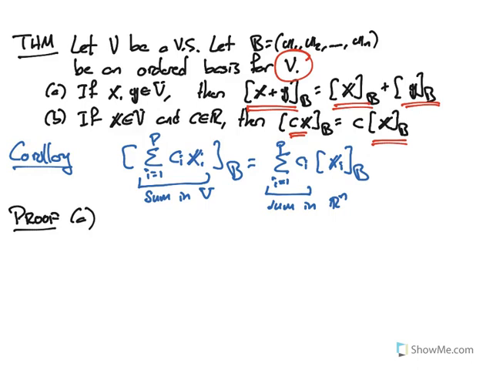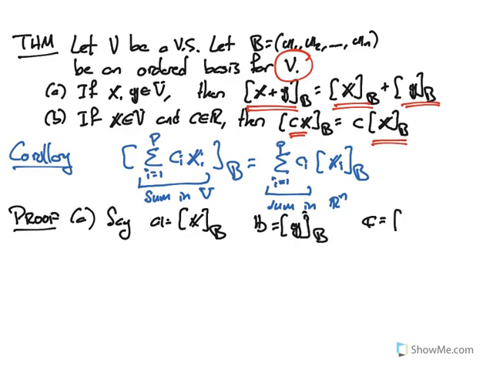Let's maybe do it, or at least sketch it out. We'll just do A. So let A, B, and C, oh, that should have been Y. So we define the vectors A, B, and C as the expansion coefficients of x, y, and x plus y, respectively.